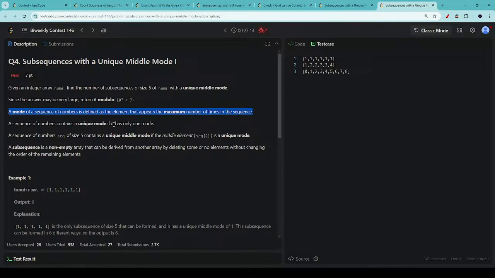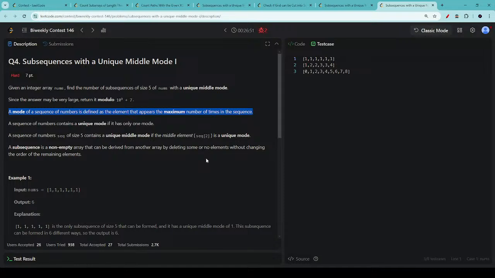A sequence of numbers has a unique mode if it only has one mode. So a sequence has a unique middle mode if the middle element is a unique mode. A subsequence is a non-empty array that can be derived from another array by deleting some or no elements without changing the order.